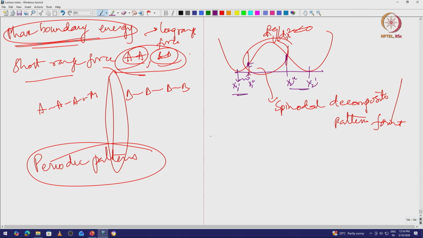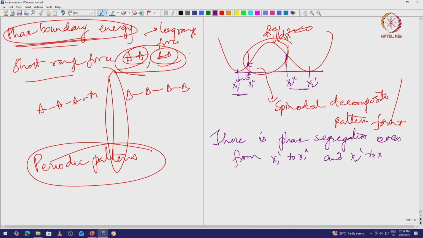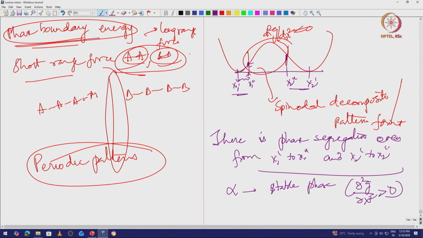So, according to common tangent construction, there is phase segregation even from x1 dash to x1 double dash and x2 dash to x2 double dash, right. However, here the phase segregation comes from alpha, which is a stable phase. Stable meaning d2g by dx square is actually greater than 0. So, here alpha has some stability, but it is just that it is not globally stable, right.